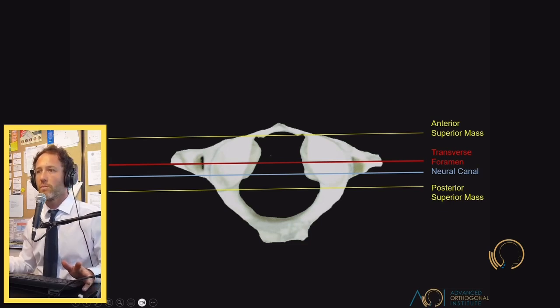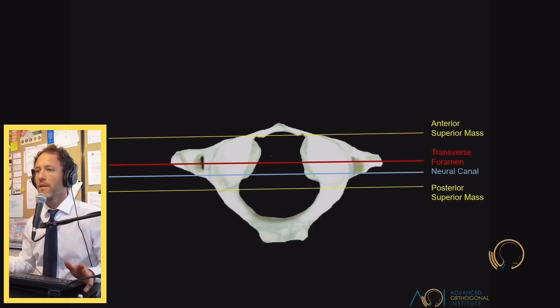So you want to be at the top, that superior anterior portion of that mass. Then you're going to see the posterior superior. These are the ones in yellow. Posterior superior portion of that mass. That red line is going to be going through the transverse foramen, which most of us are used to.